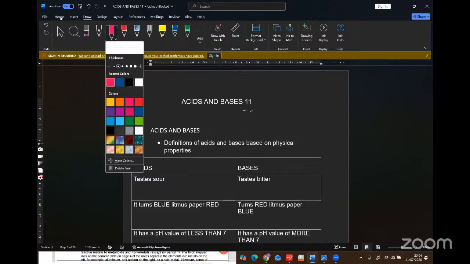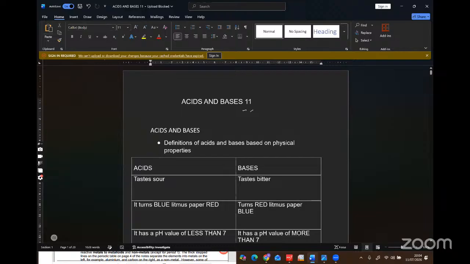So, one way of defining an acid is to say acids are substances that are sour in taste. I don't know how you pronounce it in South Africa, but sour in taste. Bases are substances that are bitter in taste. So that's one way of defining them on the basis of their physical properties. Taste is a physical property.